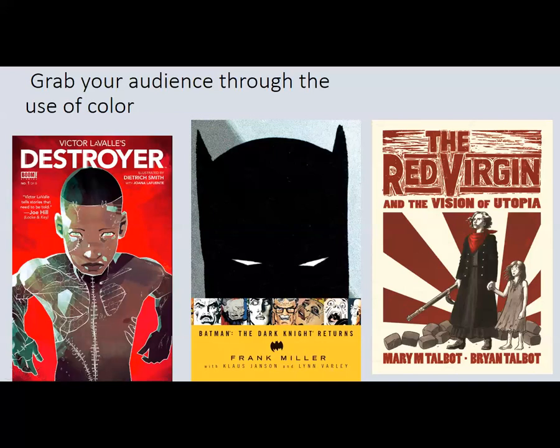I hope that makes sense. This is a case where the image is symmetrically balanced, by the way. So people do use it. So the next one is the red version and the vision of utopia.